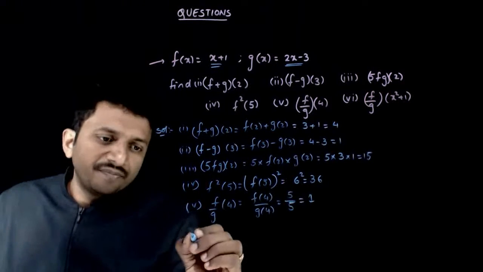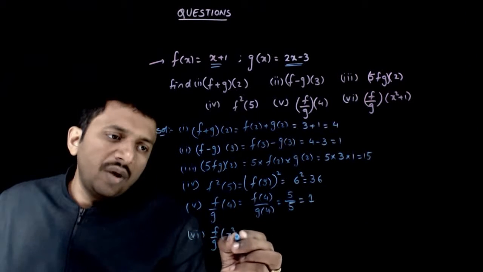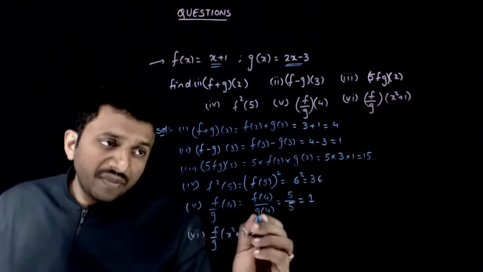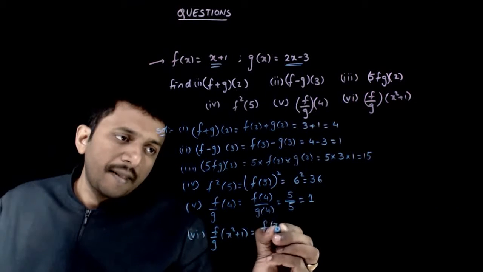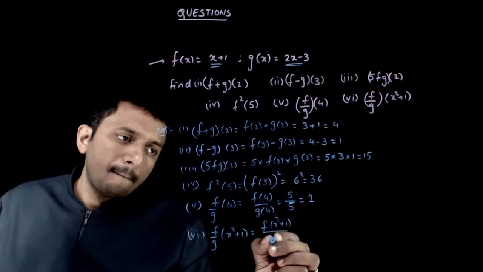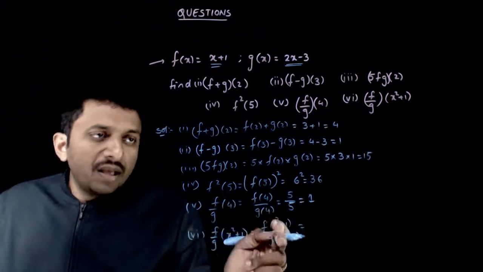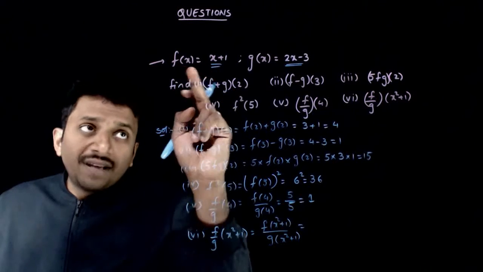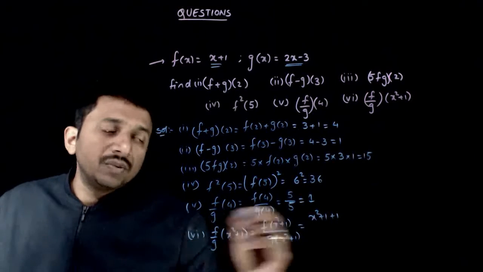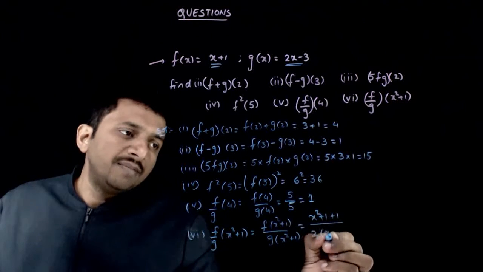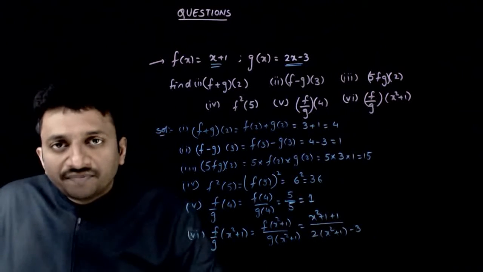And finally, f by g of x square plus 1 is nothing but f of x square plus 1 by g of x square plus 1. That is equal to f of x square plus 1, f of x is x plus 1, so f of x square plus 1 is x square plus 2, divided by 2 times, in the place of x you put x square plus 1, minus 3.